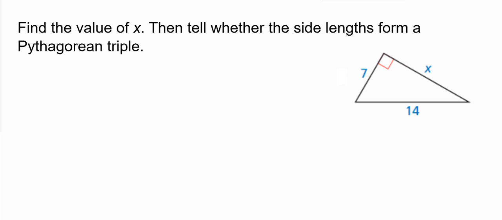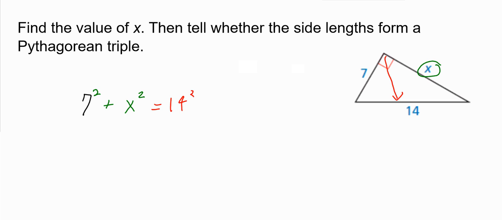So for the next one, I can solve for x. Now notice that x is a leg, so that needs to be with my 7 squared. And my hypotenuse, opposite my right angle, is a term by itself squared.